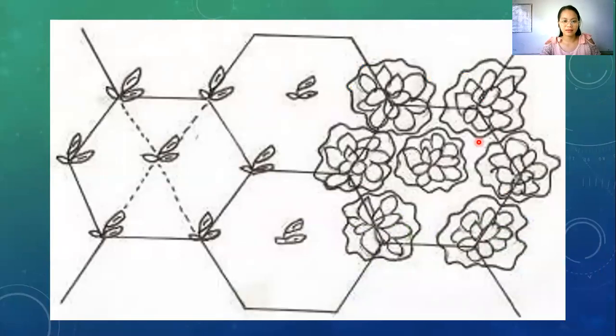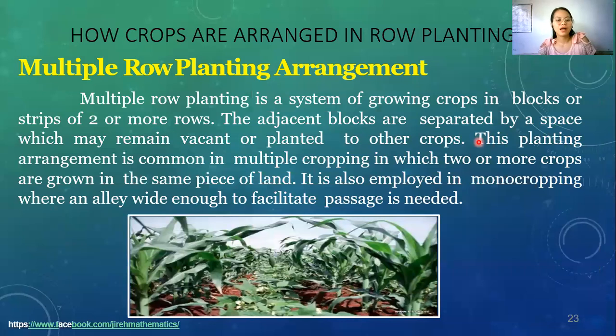Now we also have the multiple row planting arrangement. In multiple row planting arrangement, it is just a system of growing crops in blocks or strips of 2 or more rows. As you can see, it is no longer just corn this time. There are also potatoes and sweet potatoes in between.